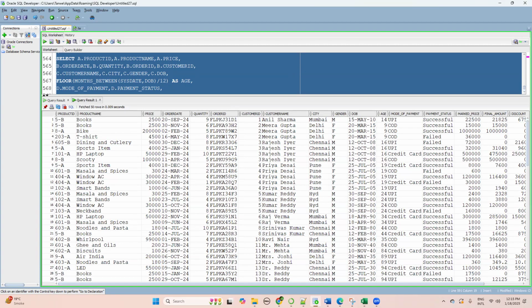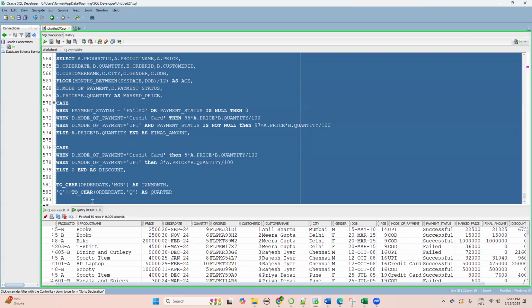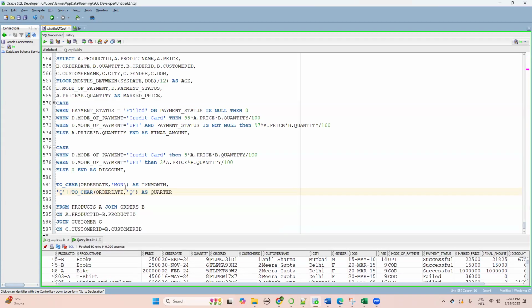Now, after this, we have to find for each and every customer, for each and every month, what is the total amount. How much amount each and every customer has spent each and every month.